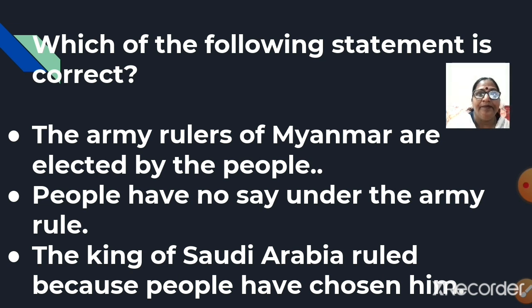Your options are: the army rulers of Myanmar are elected by the people; the second option is, people have no say under the army rule, that is, the people cannot speak out their problems; the third option is, the king of Saudi Arabia rules because people have chosen him.